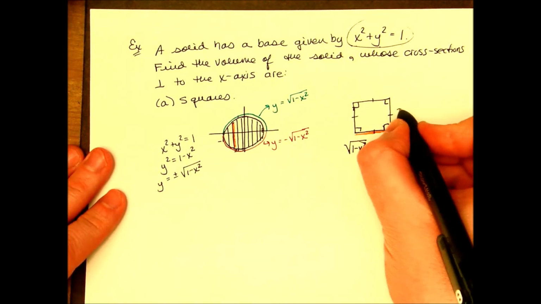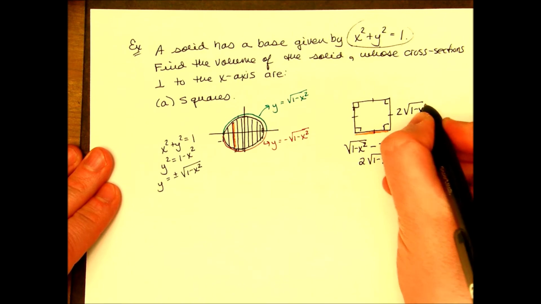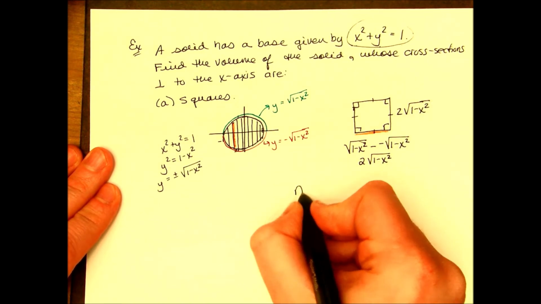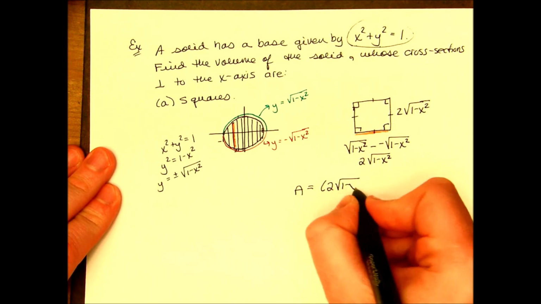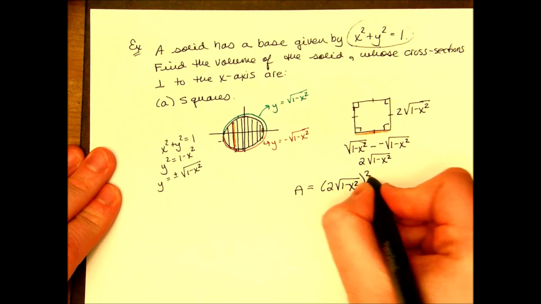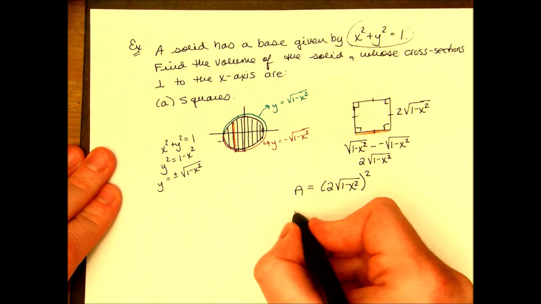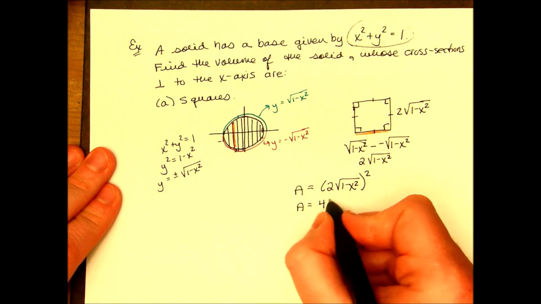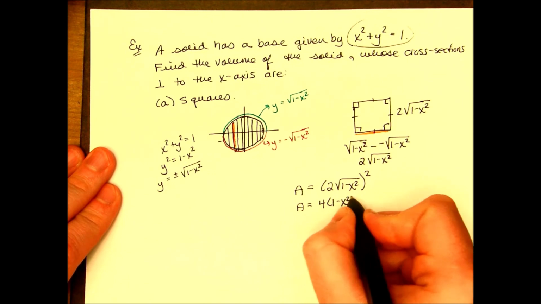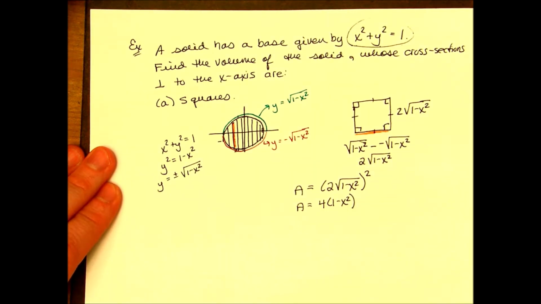It's a square, so the height is the same thing, and the area is 2 times the square root of 1 minus x squared, in parentheses, squared. I might as well simplify: the square and square root cancel, giving 4 times 1 minus x squared. Maybe I'll just leave it like that.